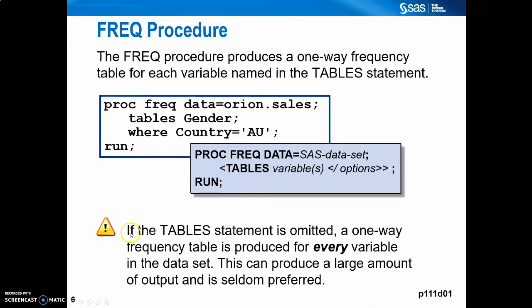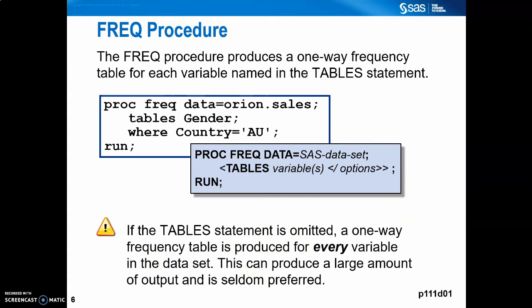Keep in mind, if the TABLES statement is omitted, as here, a one-way frequency table is produced for every variable in the data set.